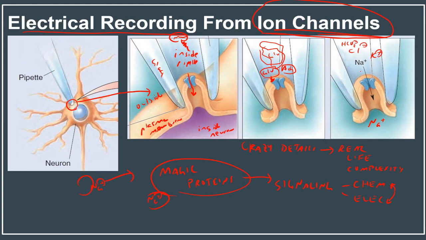Like this arrow is making that assumption, saying sodium is flying in, but I told you that there's plenty of sodium ions inside. When you gate a sodium ion channel and it opens, why do you get any net current at all?